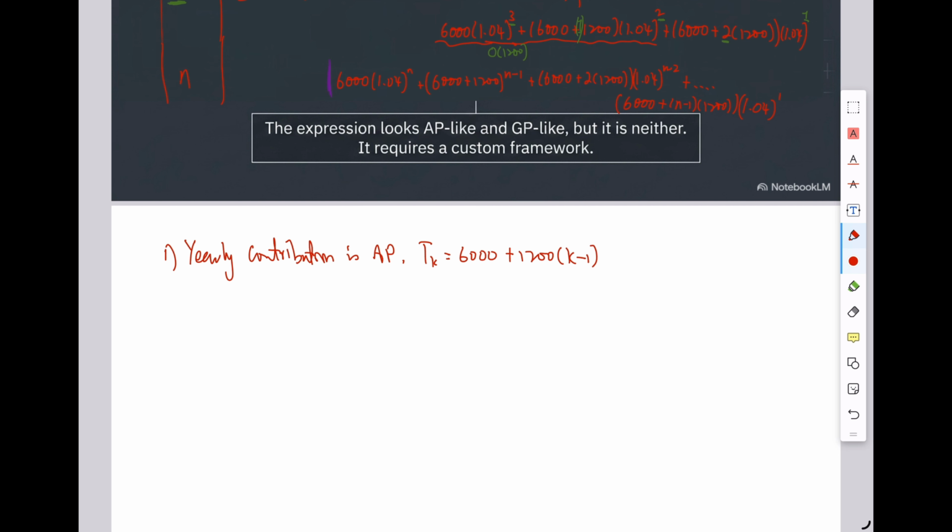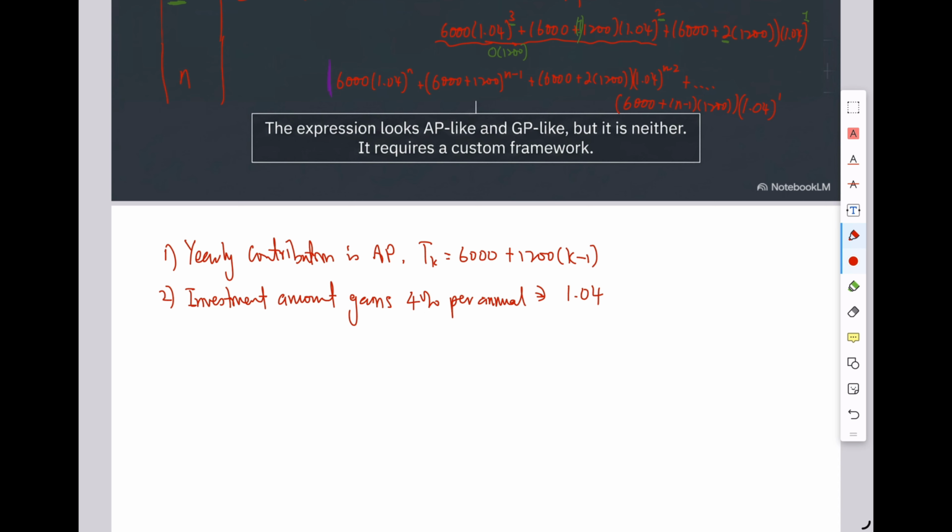And then my investment amount gains 4% per annum. This means my common ratio or the factor is 1.04, right?